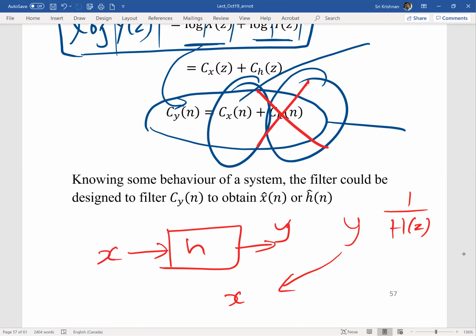That's exactly happening in this homomorphic operation as well, where I am getting back my X from the given observation Y. And knowing X, typically the input to the system has a lot of physiological significance.